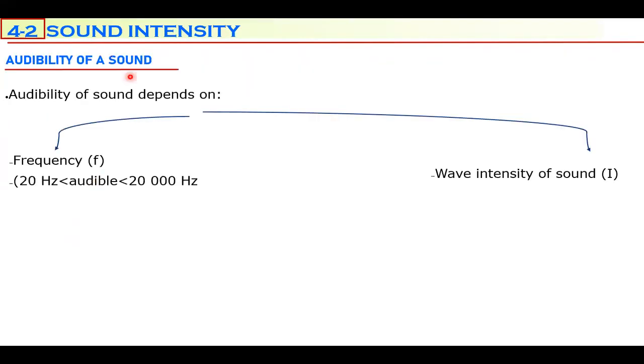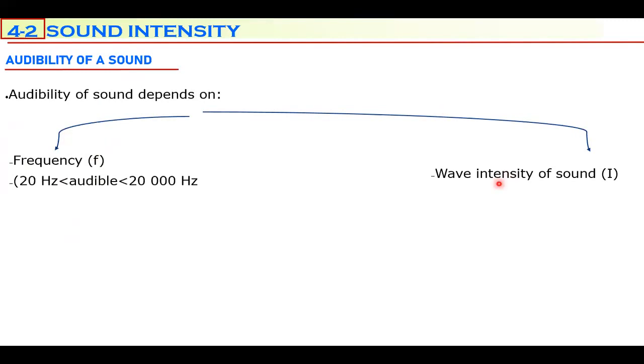And audibility of the sound: remember in section 1, we talked about how it depends on the frequency. The human ear can hear frequencies between 20 hertz and 20,000 hertz. But this is not the only factor which determines audibility. The second factor is wave intensity.